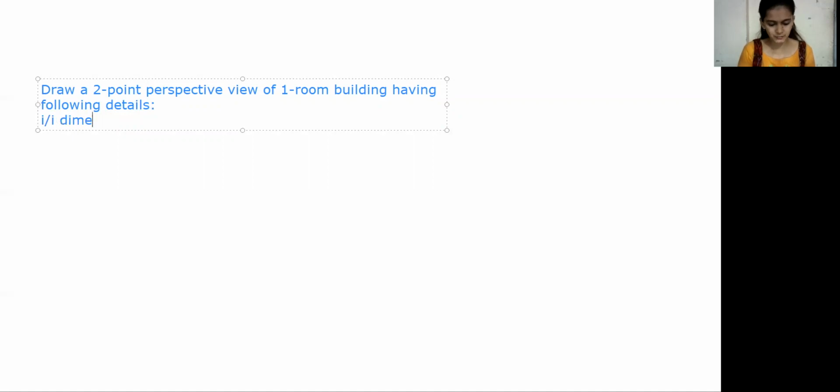In-to-in dimension: 4 meter by 3 meter. Wall thickness: 0.3 meter.